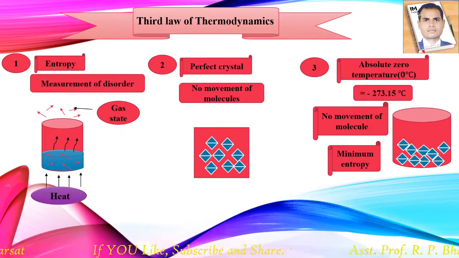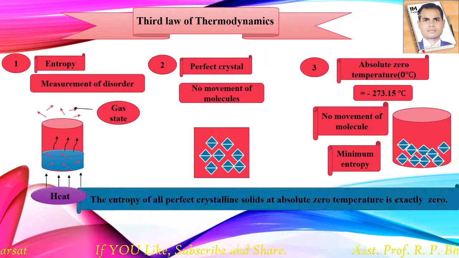Below 0 degrees Celsius for water molecules, the absolute zero temperature is minus 273.15 degrees Celsius. And hence the third law of thermodynamics says the entropy of all perfect crystalline solids at absolute zero temperature is exactly zero, as we have seen.